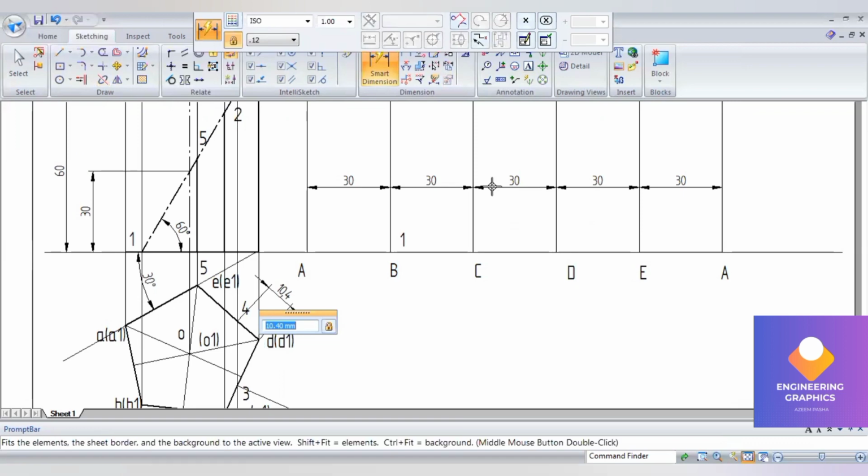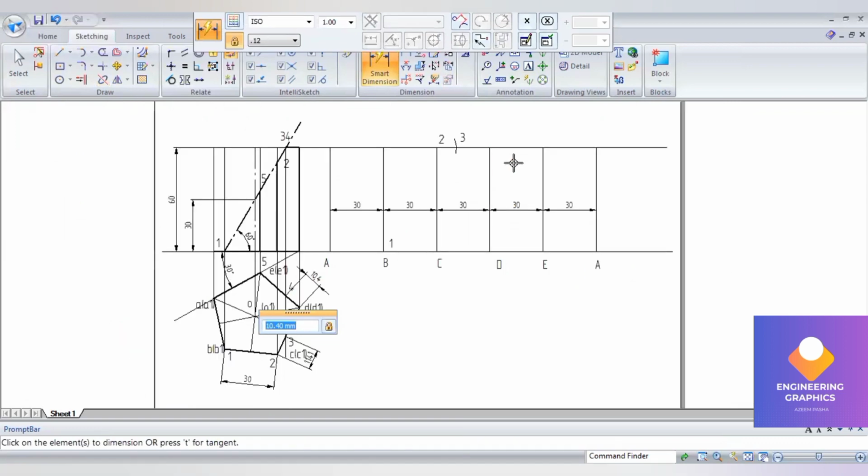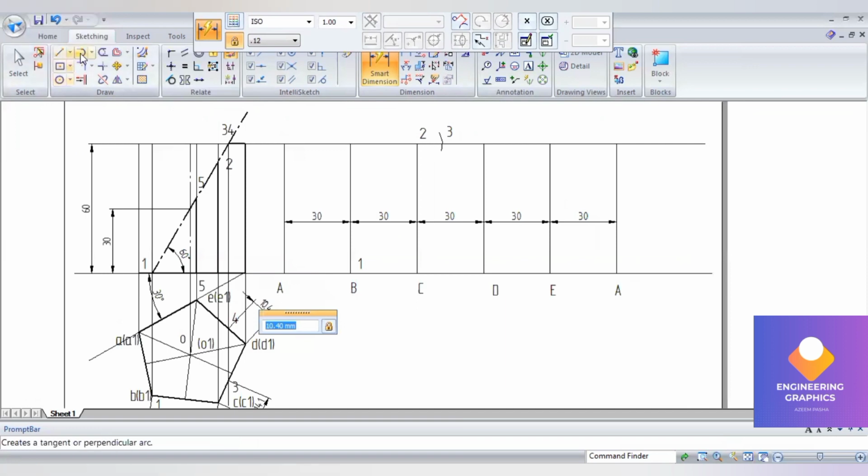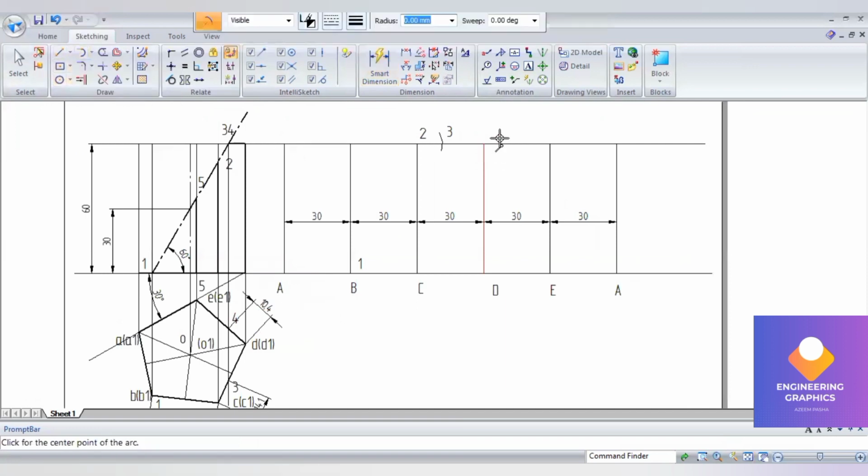Okay, you split it and you will get the exact length. You can measure it using smart dimension. From DD1, go to arc by center, give the radius length 10.4 here and cut the arc. So that is your point number 4.